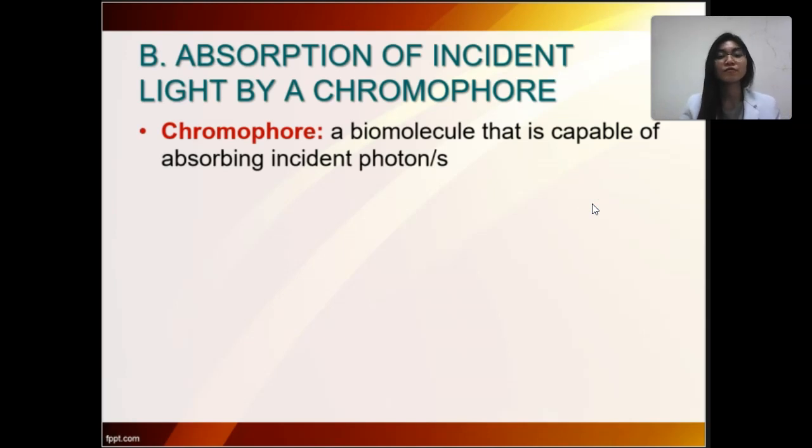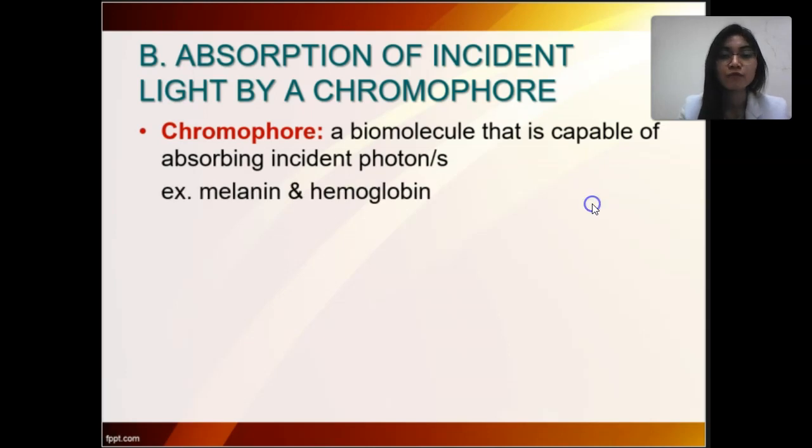Next, absorption of incident light by a chromophore. A chromophore is a biomolecule that is capable of absorbing incident photons, like for example, your melanin and hemoglobin. In the past, with the IRR, we said that a higher absorption coefficient means that it can absorb more energy from the IRR.